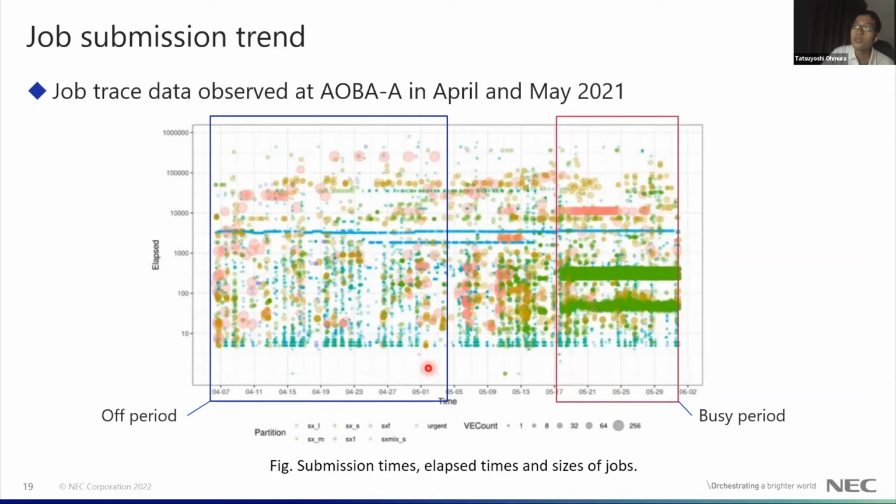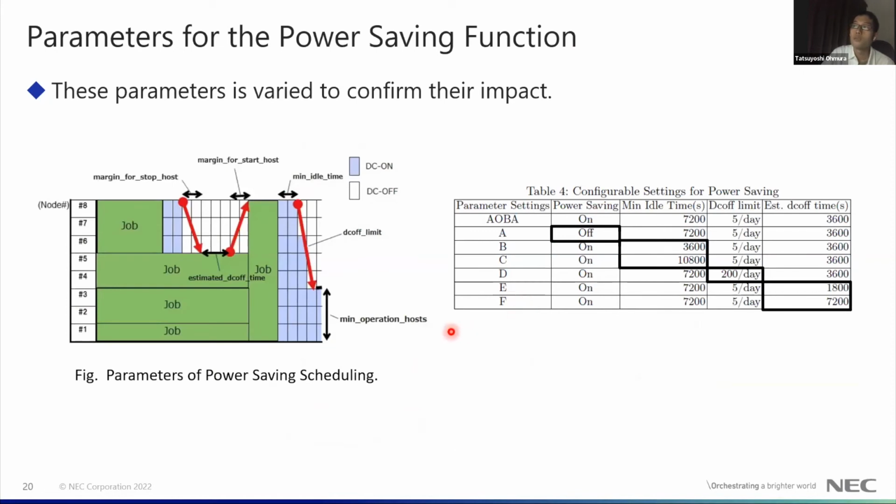We conducted a parameter survey for each of these two patterns. The job submission patterns in April and May are called the off period and busy period respectively. First, we discuss the job trace in the off period.